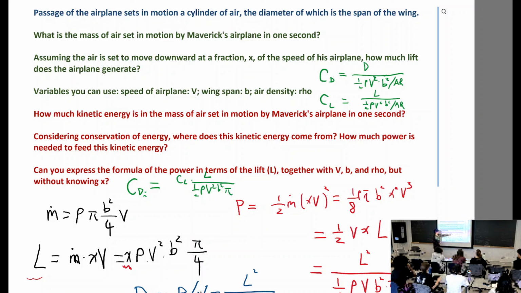So we can divide by aspect ratio both in the numerator and the denominator, and what we get is we still have the CL, and that becomes CL divided by aspect ratio, and underneath I just get pi, right? So essentially that is CL squared over pi aspect ratio. All right.